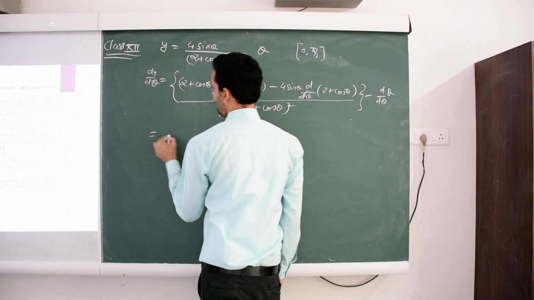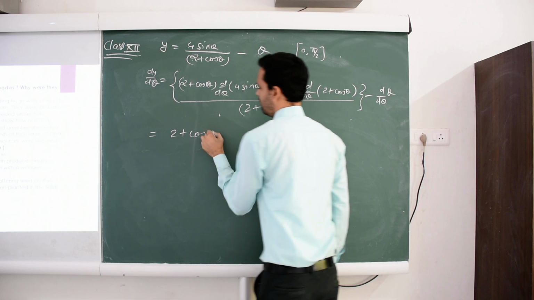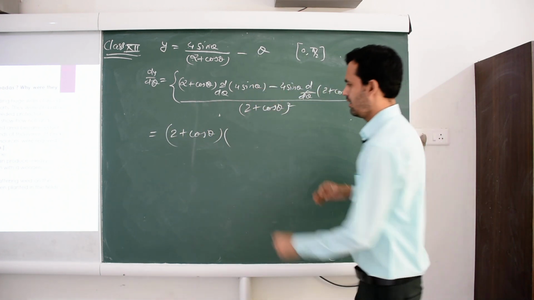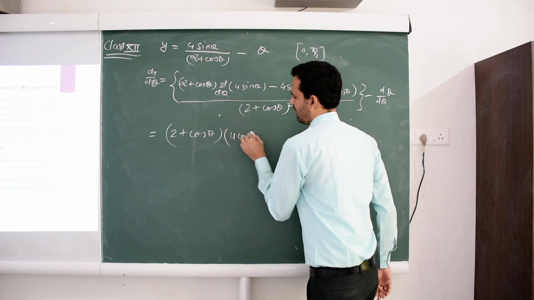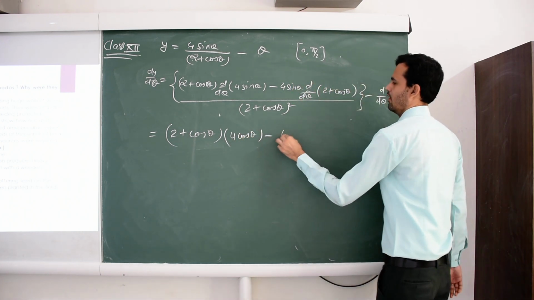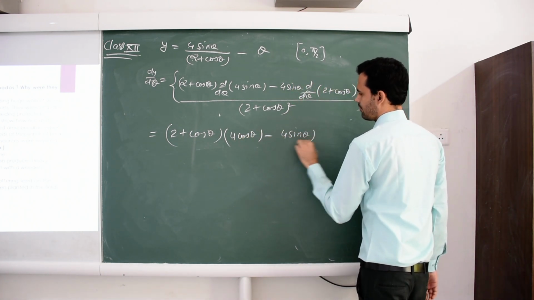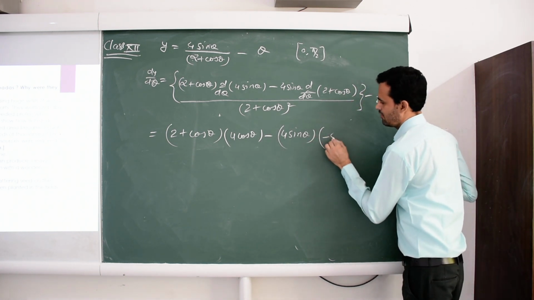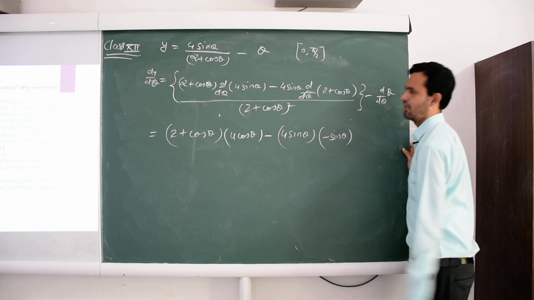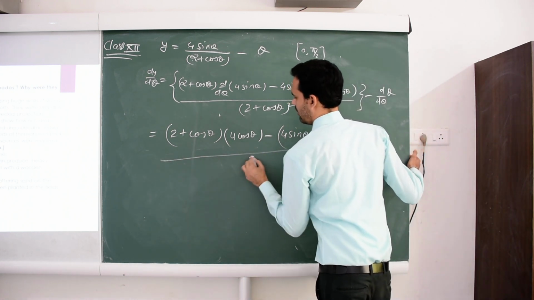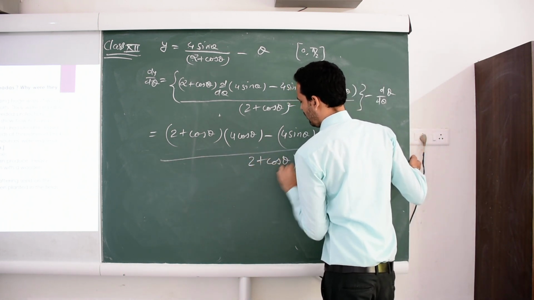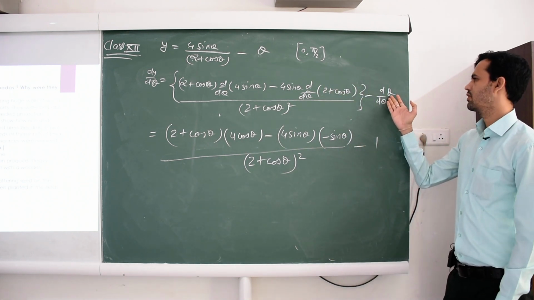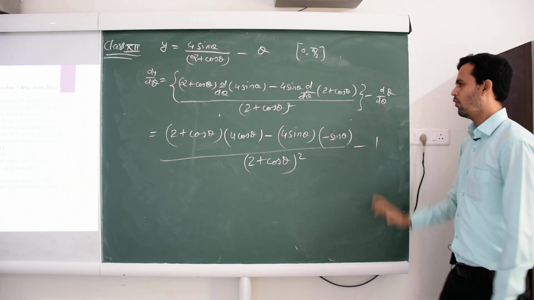The differentiation of 4 sin theta is 4 cos theta, the differentiation of 2 is 0, and the differentiation of cos theta is minus sin theta, upon 2 plus cos theta whole square, minus 1, because the differentiation of theta with respect to theta is 1.